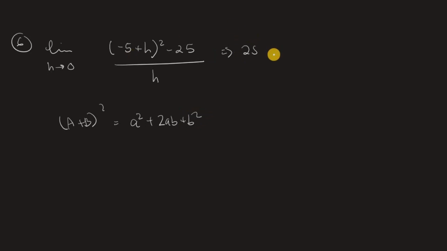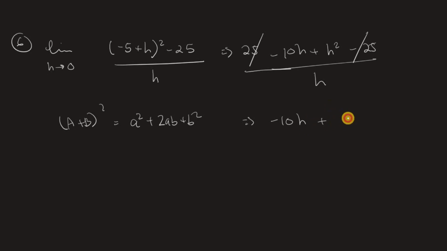So you're basically going to write 25 minus 10h plus h squared minus 25 over h. Okay, so we get this over here, and this 25, negative 25, cancels out, and then we're left with negative 10h plus h squared over h, and we can go ahead and factor out h over here.